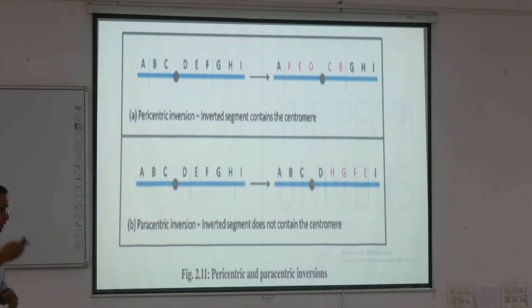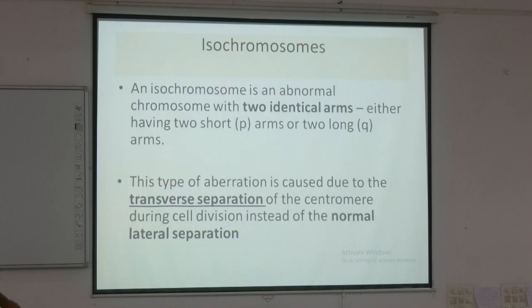Okay. Now, another variety of chromosome error. During cell division, we have the chromosomes lined up in the central part or equator region of the cell, and then we have the spindle fibres which pull and keep the chromosomes separated, moving them to the different poles.